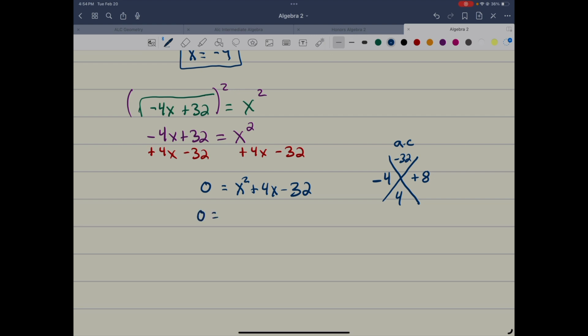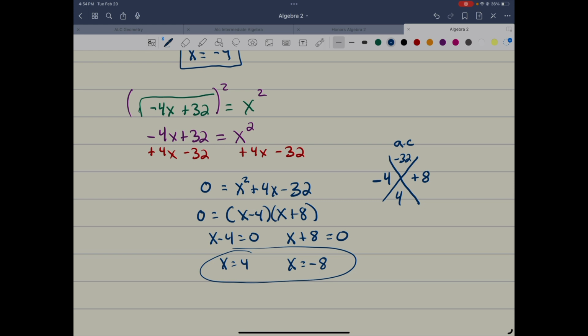The factored form for this is x minus 4 and x plus 8, equal to 0. Use the zero product property. We set each of the factors equal to 0, and we solve. So you get x is equal to 4 and x is equal to -8. Those are my 2 possible solutions.